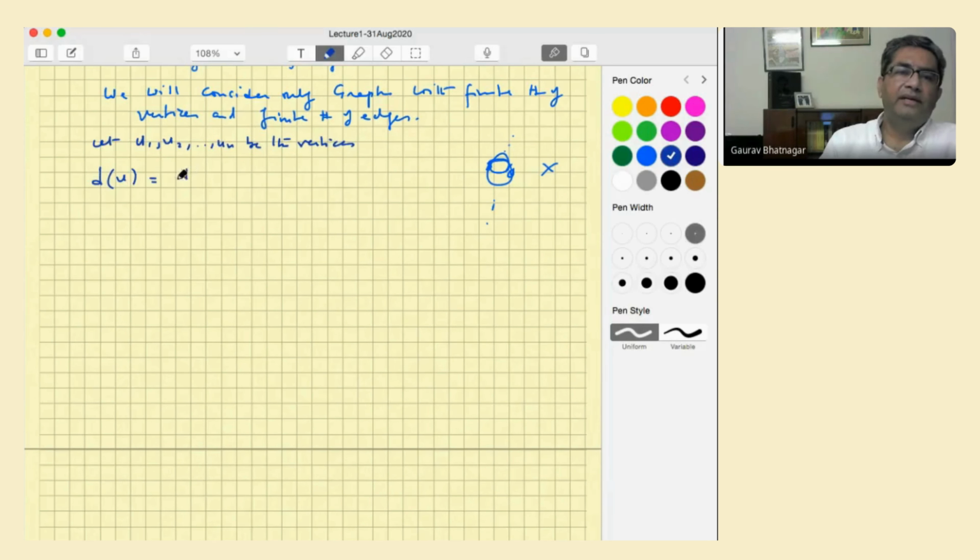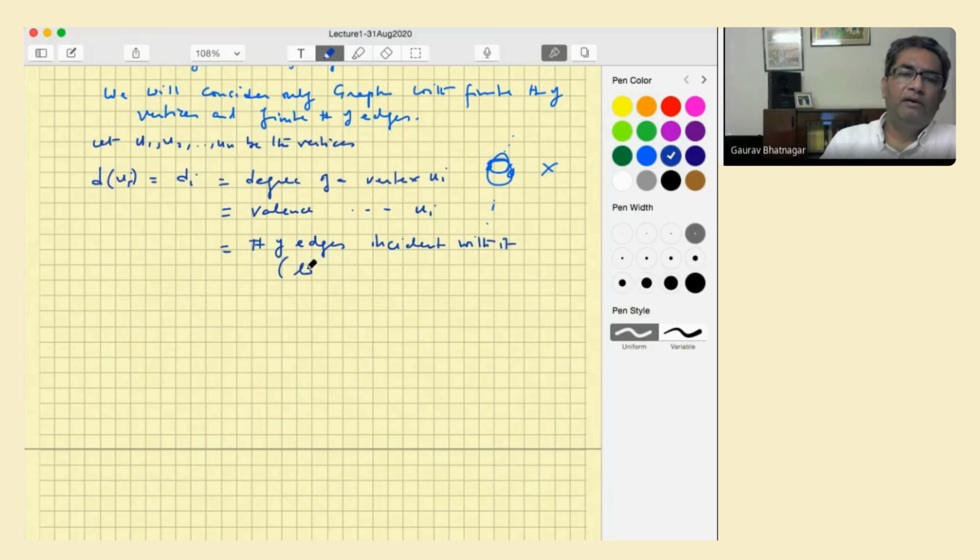Sometimes I'll just write di for the degree of a vertex ui, also called the valence of a vertex ui, and it's the number of edges incident with it. And loops are counted twice.